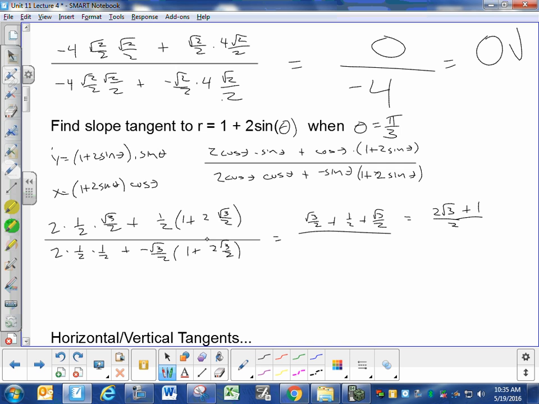In the denominator, I'd have 1/2 plus negative root 3 over 2 plus, the 2's would cancel, negative 3/2. So this would be negative 2 minus root 3 over 2. I can simplify these two fractions. The 2's would end up canceling when I multiply by the reciprocal. I'd get 2 root 3 plus 1 over negative 2 minus root 3.